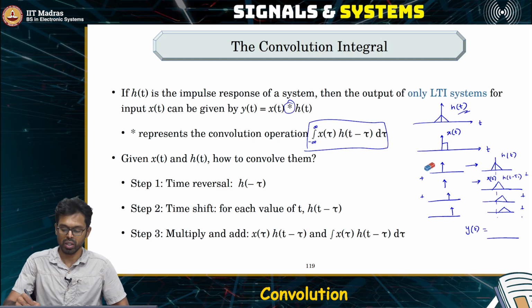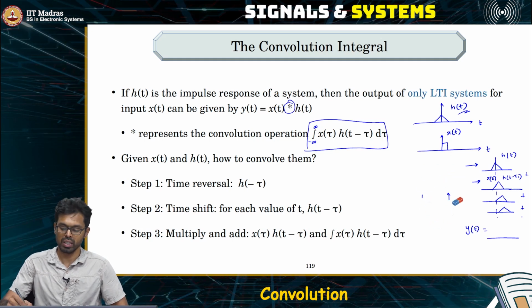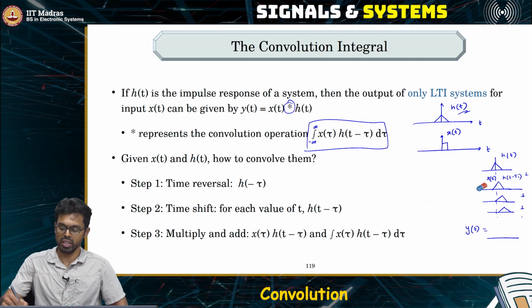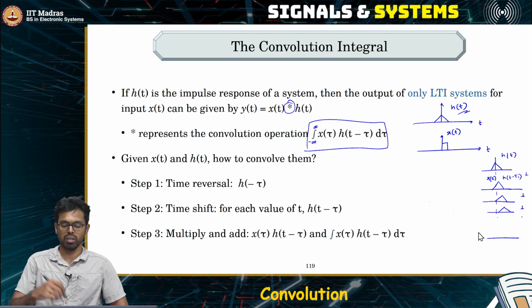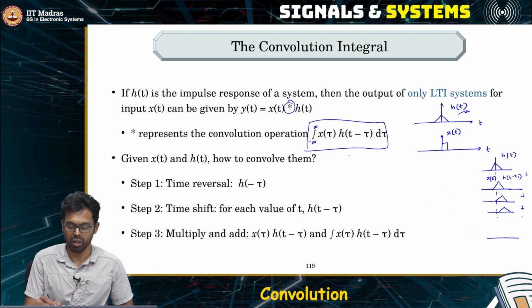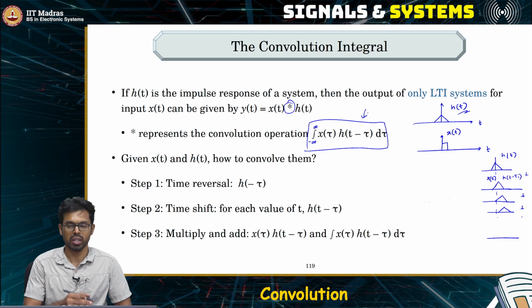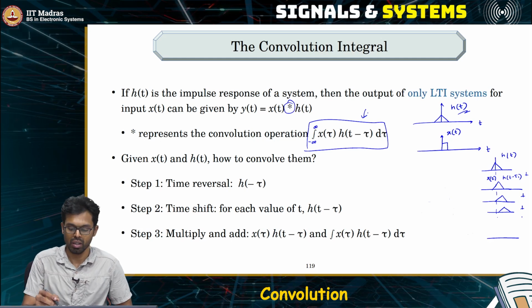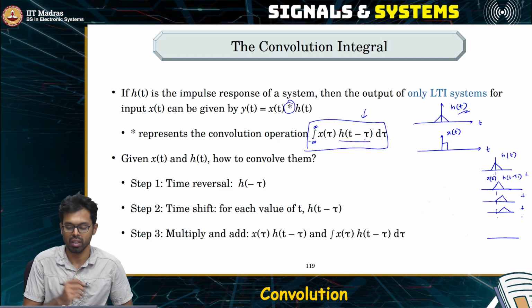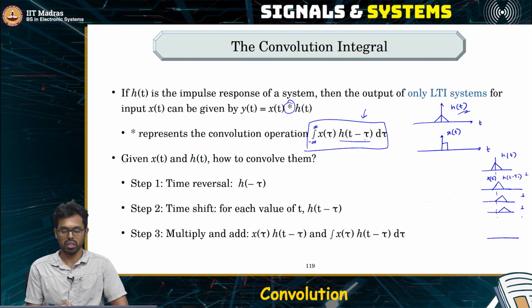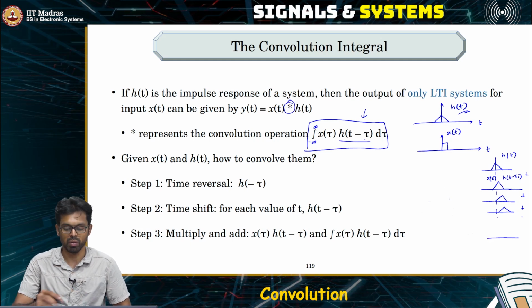Alright, so what this integration tells you is that this shifting and adding is equivalent to this integration representation, which says that graphically, take this signal h of t minus tau, which is the impulse response, and do the time reversal.